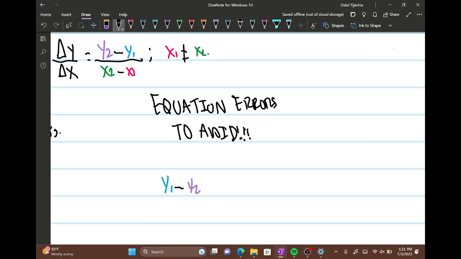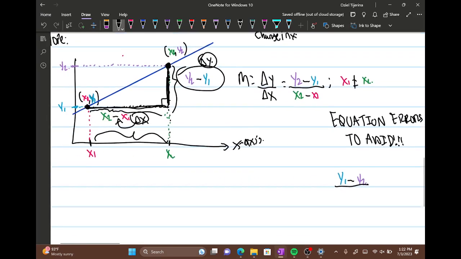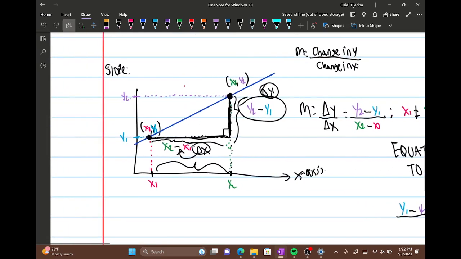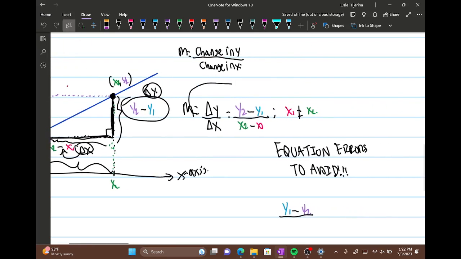But again, I don't like the way that's defined, because I know it can trip a lot of students up when it's said like that. Always remember, guys, that it doesn't matter what you make x1, y1 equal to or x2, y2 equal to, as long as you follow this formula.